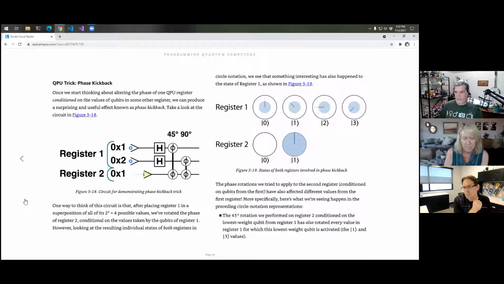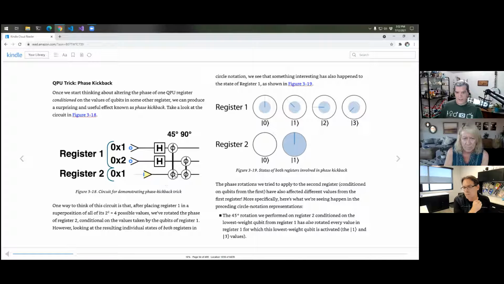Wow. Okay. So we have a conditional 45 on register 1, which would be like this, and then a conditional 90 on register 2, and then this is if both are applied, right? So I'm trying to understand this.